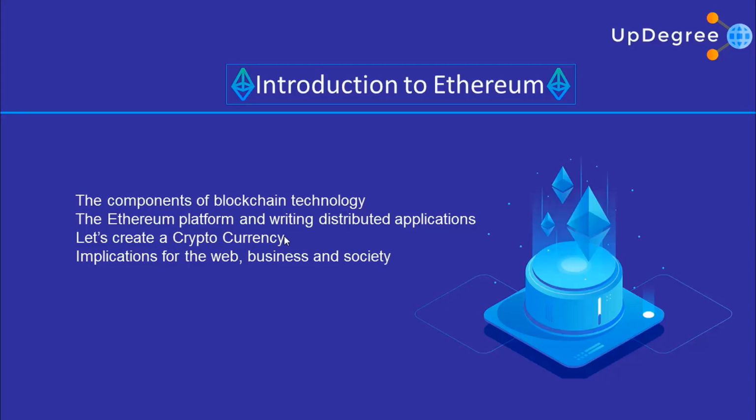So now we are here to understand Ethereum. Ethereum is the next generation blockchain, and it's the second best blockchain in the market, with the components of blockchain technology. On the Ethereum platform, you can write distributed applications, meaning any kind of web application over this blockchain. You can also create a cryptocurrency, and it has a lot of applications for the web, business, and society.